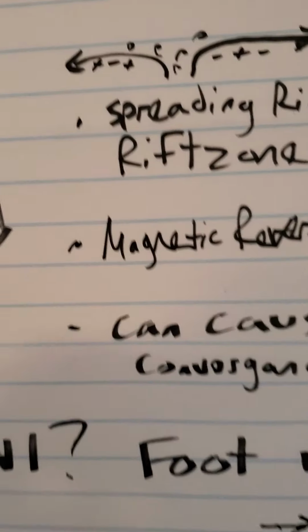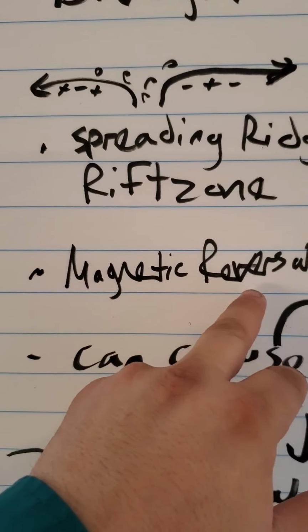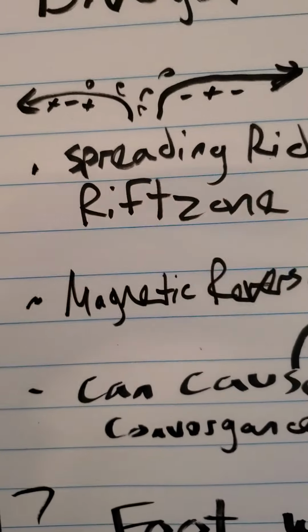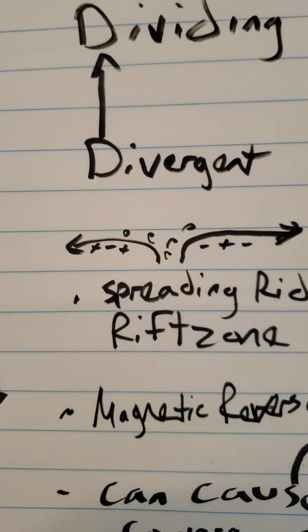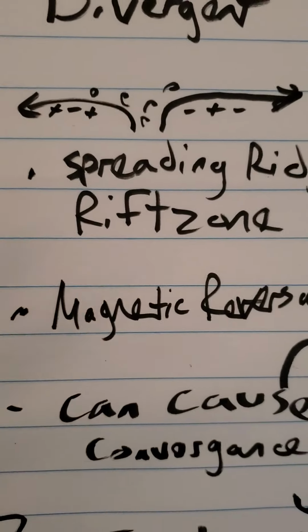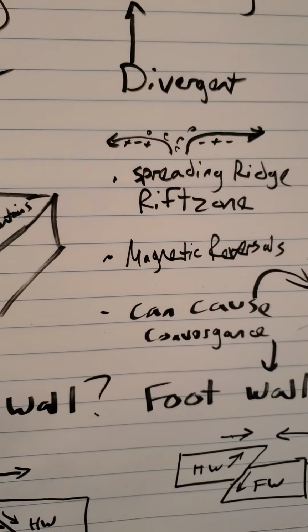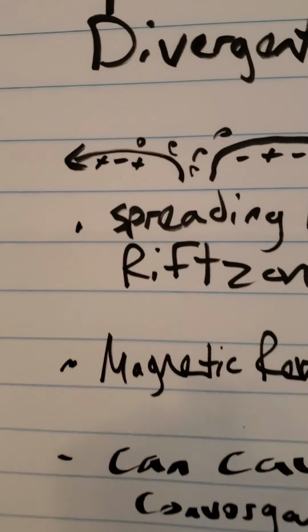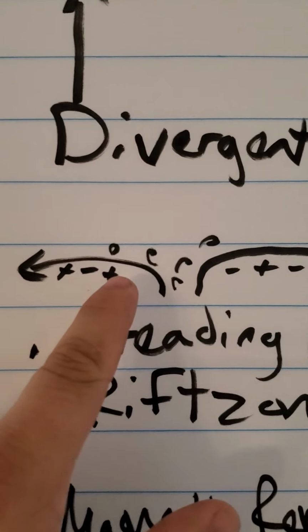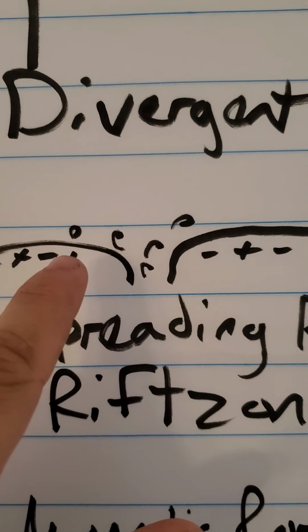And in our book, it talks about magnetic reversals, which doesn't really help us understand the divergent boundary so much, but is a really cool part of why it's important to explore our world. We learned, going to the bottom of the ocean, that we're seeing magnetic reversals.